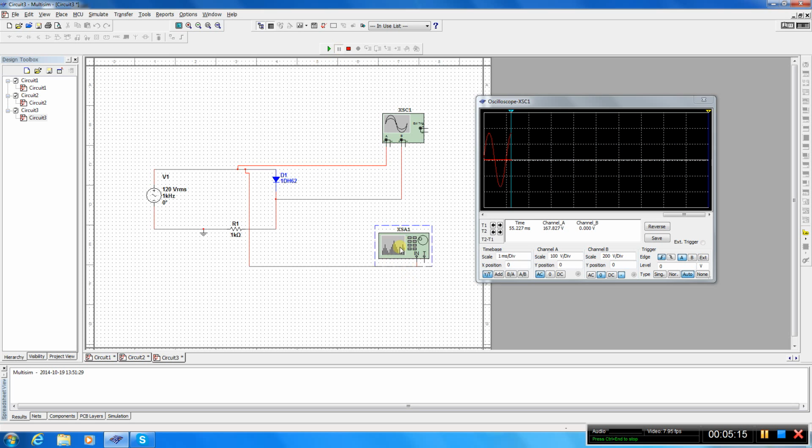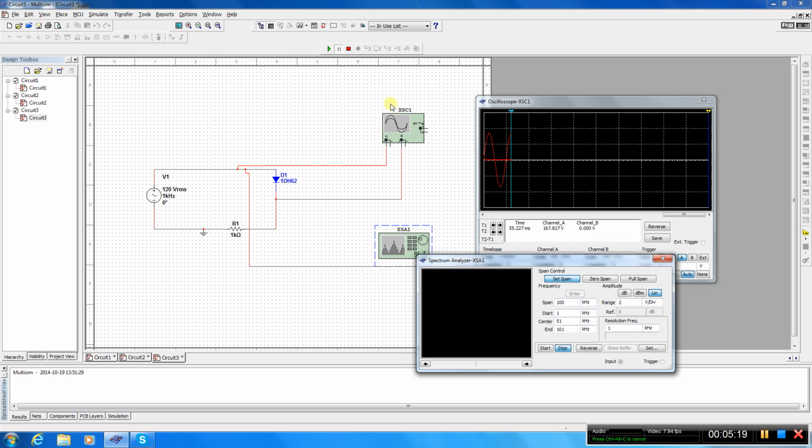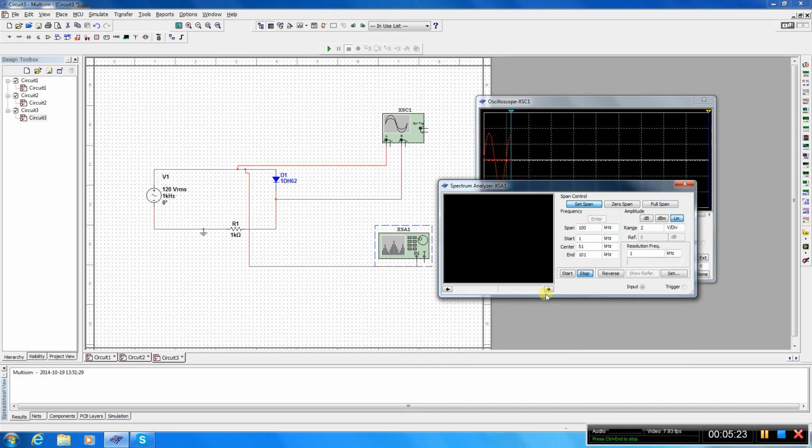Before we start, you should also set some parameters for the spectrum analyzer. First of all, let's use the linear scale. So probably the amplitude will be above the default value. So we should now set the start and end values.